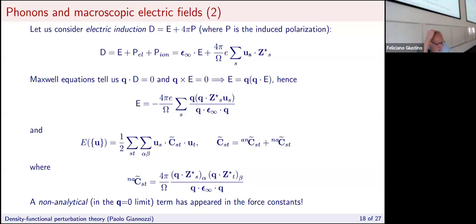What is difficult to grasp is that at Q equals zero, there is apparently no difference between the longitudinal optic and transverse optic modes. They look the same. Even in those simple semiconductors, they have the three different polarizations, but there is nothing special about one polarization with respect to the other. So it's just the way you go towards zero wave vector that makes the difference.